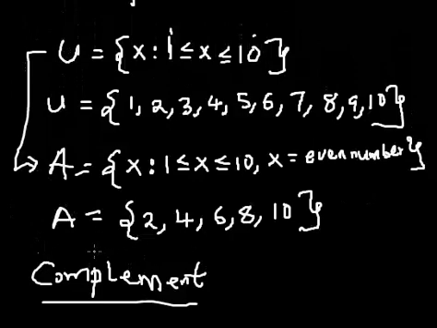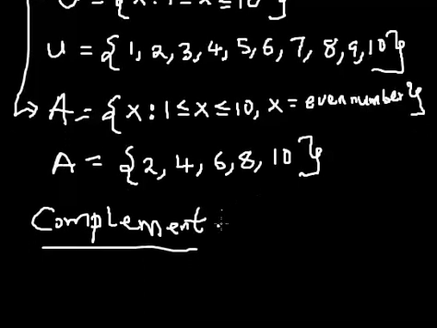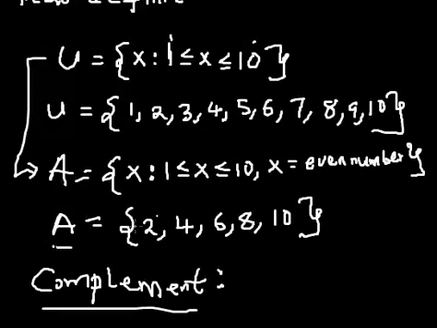So the complement of A is the element that I can see in the universal set where A is derived from, but it's not found in this set.